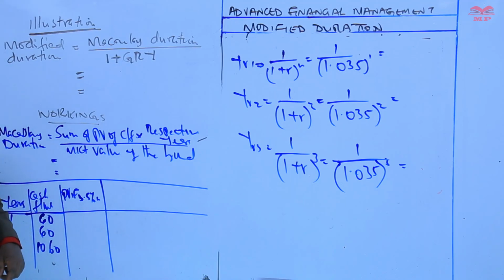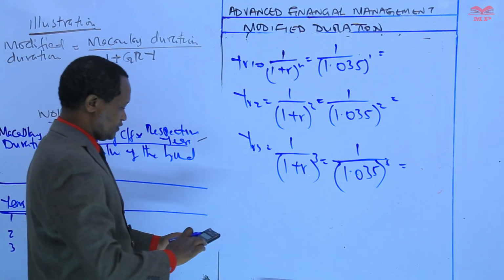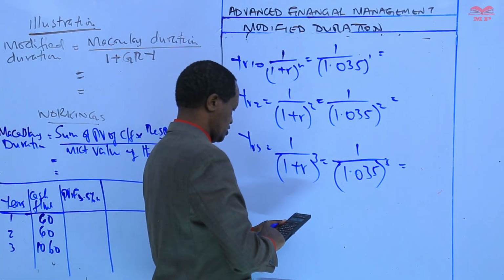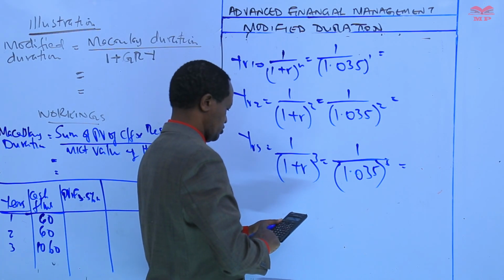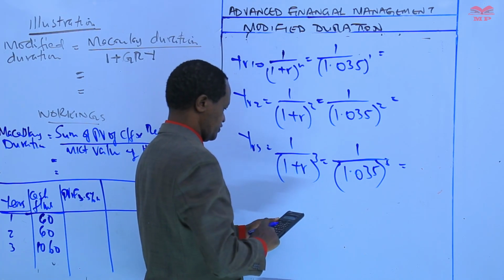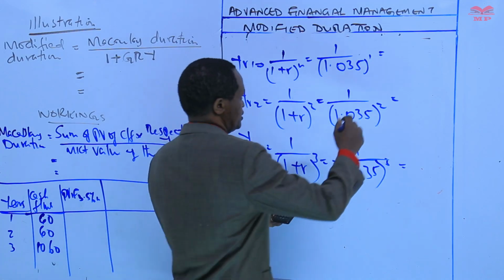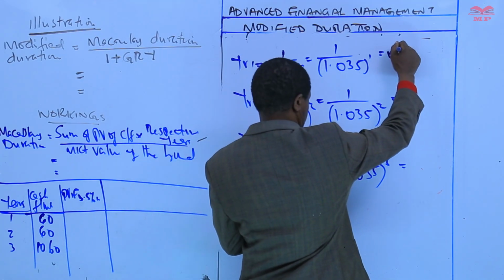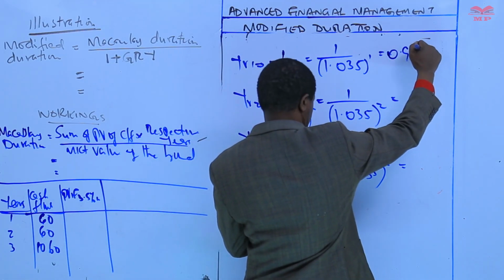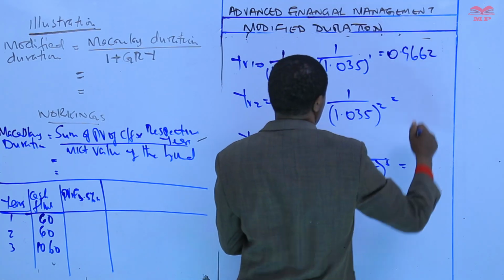So I'll take my machine and divide 1 by 1.035. This is equal to 0.9662.